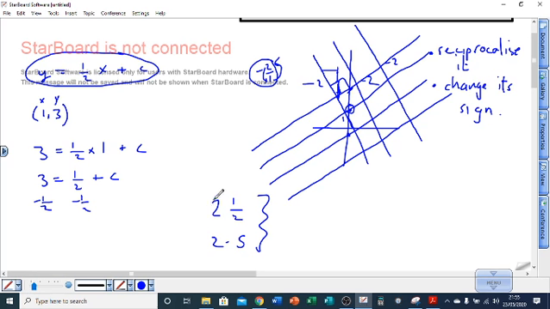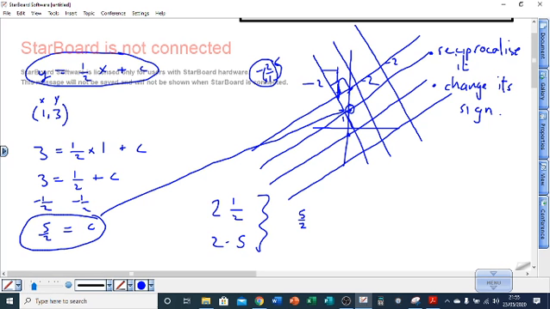That represents 4 halves, plus the 1 half. That can also be written as 5 over 2. So that is the same as that. 5 over 2 is how we write it. Okay, so when you take a half from both sides, you end up with 5 over 2 is equal to c. So now you've spotted where it crosses the y-axis.